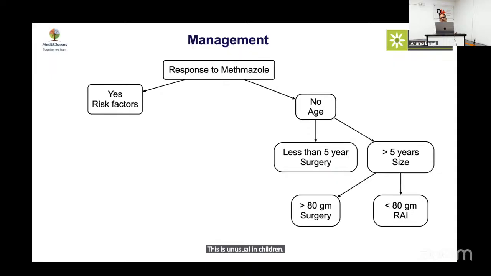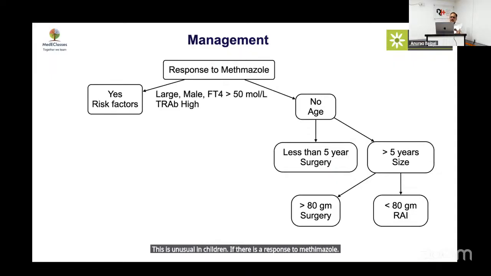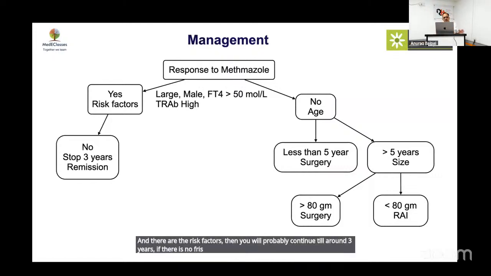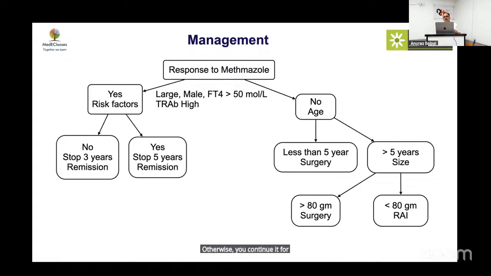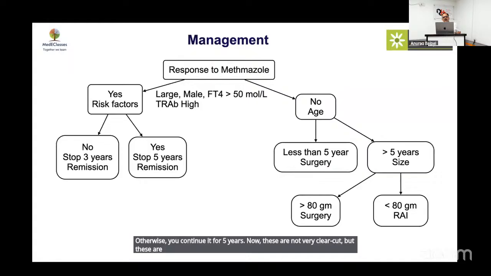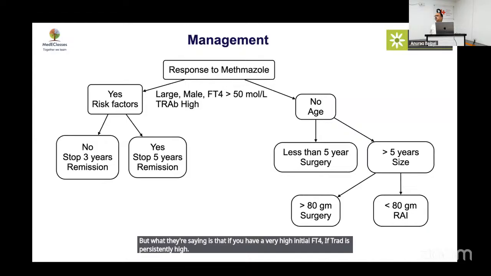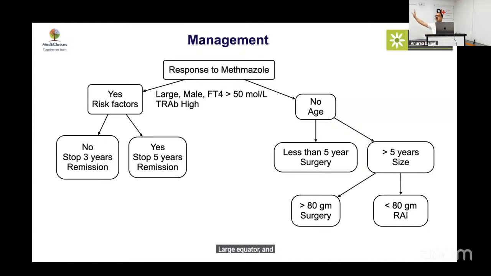If there is response to methimazole and there are risk factors, then you will probably continue till around 3 years. If there is no risk factor, then wait for remission. Otherwise, you continue it for 5 years. Now, these are not very clear cut, but these are some of the guidelines which suggest that. I won't say they are very evidence based, but what they are saying is that if you have a very high initial FT4, if TRAB is persistently high, large goiter and male, continue for around 5 years for remission.